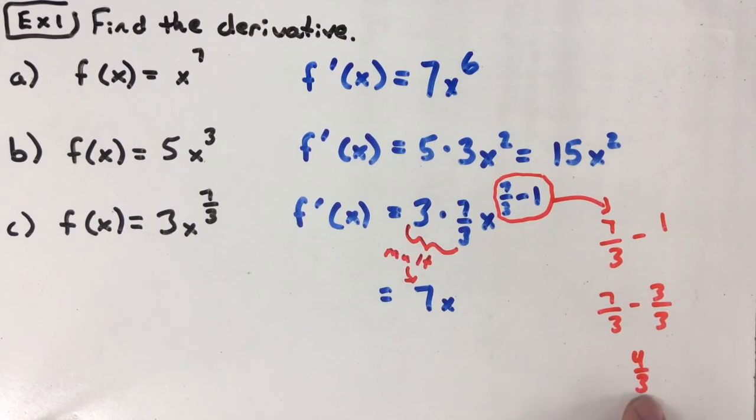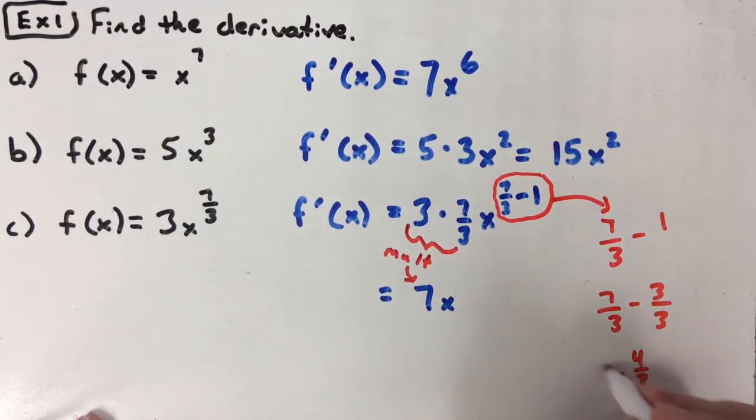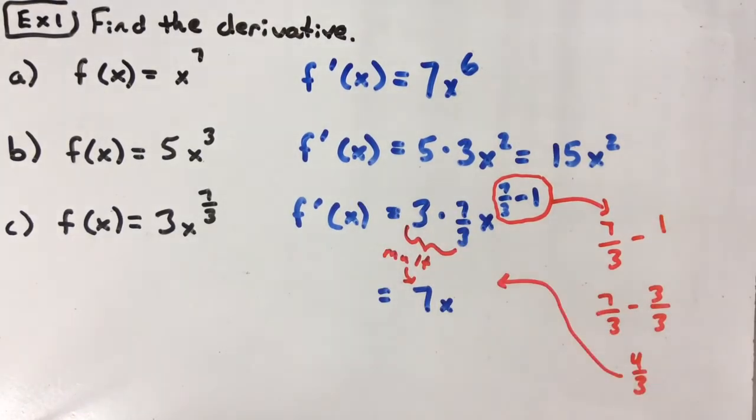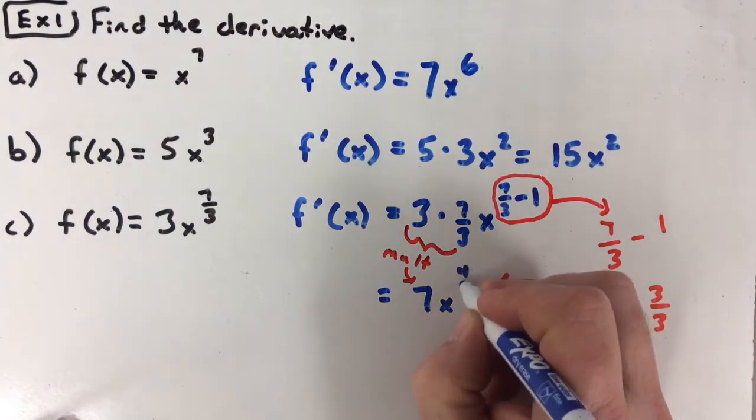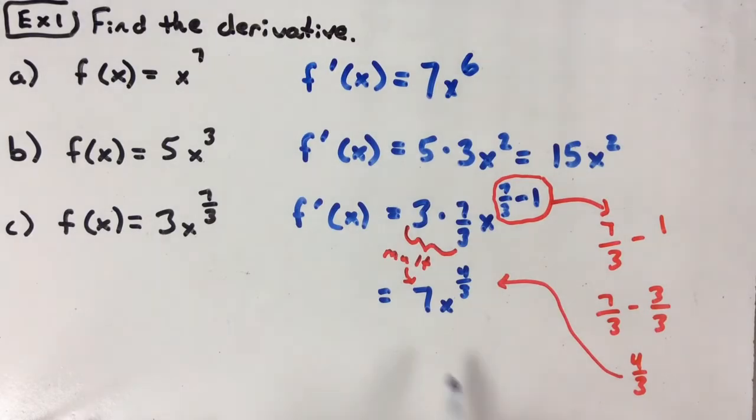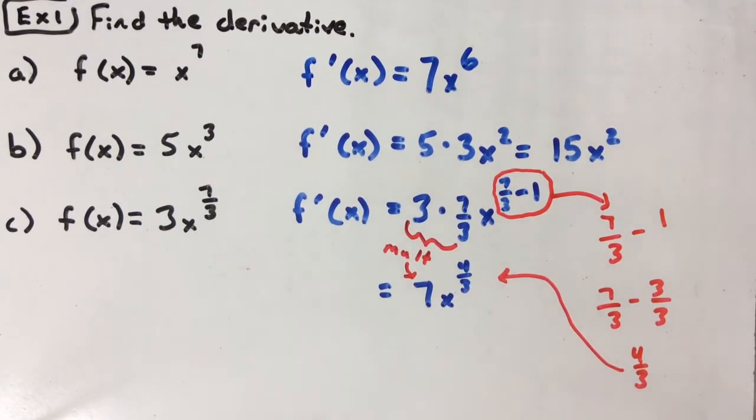So when you go through and you do your calculation, if you're going to do it by hand, you should get 4/3 just by finding a common denominator. Otherwise, you can definitely use your calculator for that too. So your final answer is 7x to the 4/3 power.